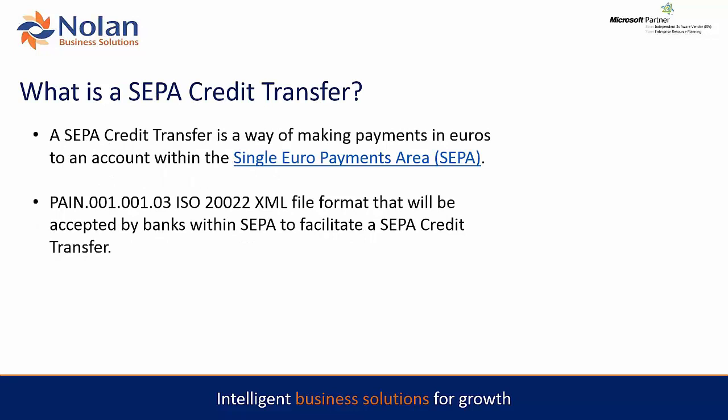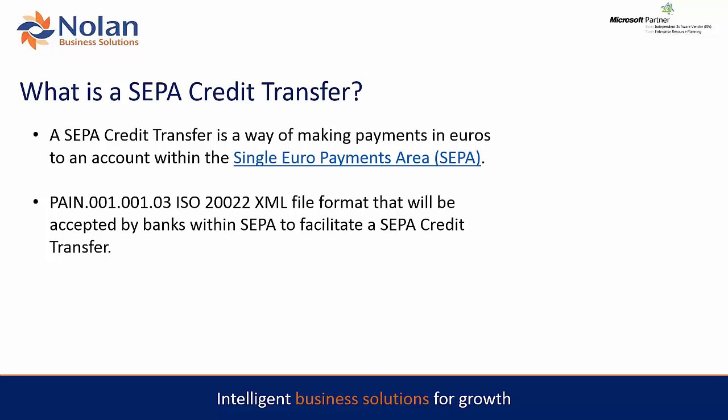So today we're going to look specifically at a SEPA credit transfer or a payment. A SEPA credit transfer is a way of making payments in euros to any account within the SEPA, the Single European Payments Area.